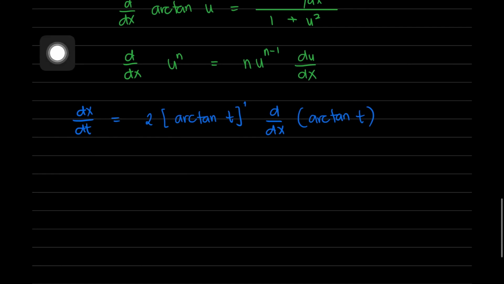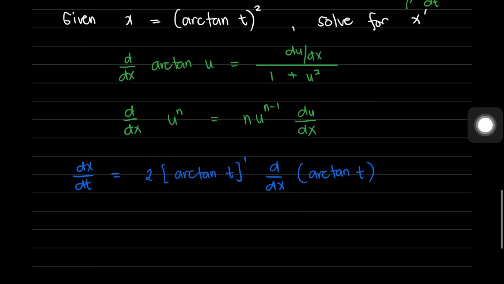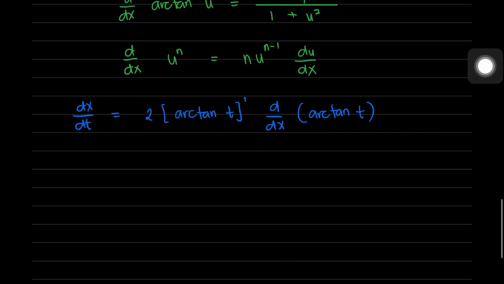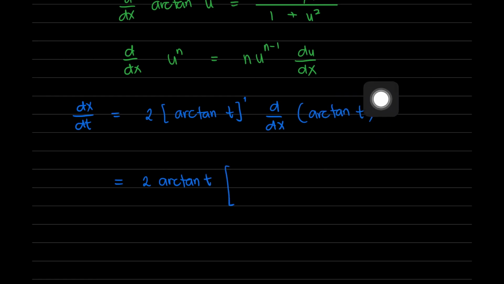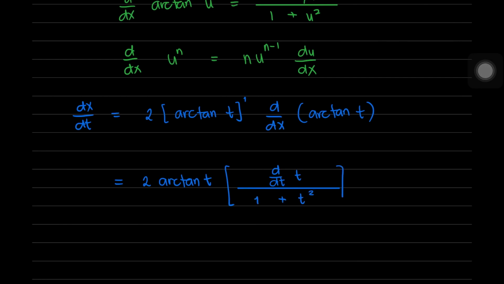Now, for this one, we're going to use this formula. So this is equal to 2 multiplied by arctangent of t multiplied by the derivative of arctangent of t, which is equal to the derivative with respect to t of t all over 1 plus t squared.